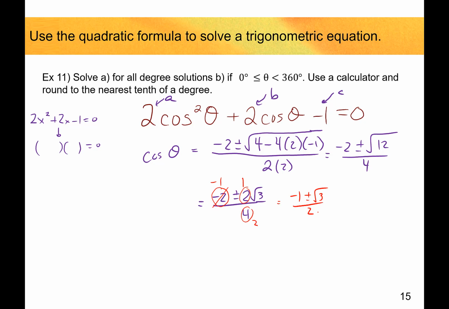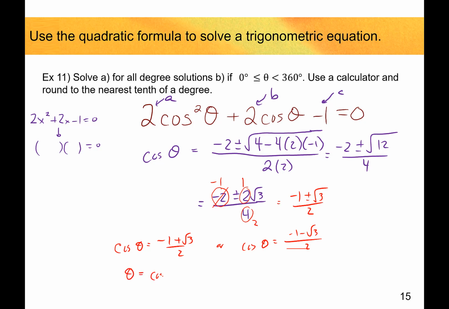So we're looking for this one. We're looking for, when does cosine theta give me a ratio of negative 1 plus root 3 over 2? Or when does cosine theta give me a ratio of negative 1 minus root 3 over 2? And so this you have to do on your calculator. You're going to plug it in this way.